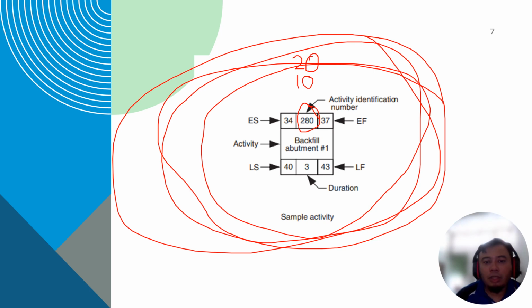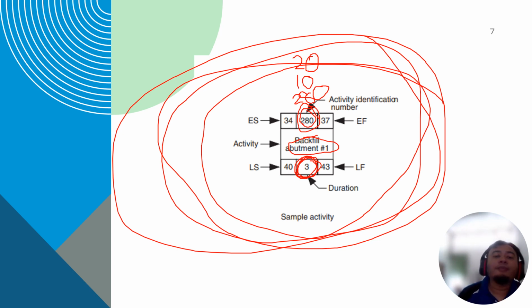This example is actually activity 28. Then you add 0, it becomes 280. So that is your unique identification number at the middle top, and at the middle bottom you have the duration. This is your estimation, for this example, backfill abutment. You estimate 3 days to complete. So you can assign these two numbers first.